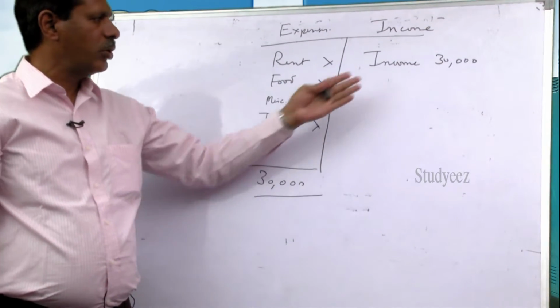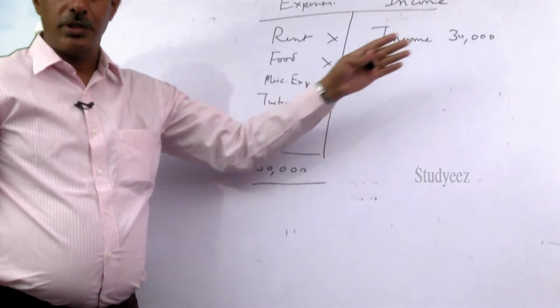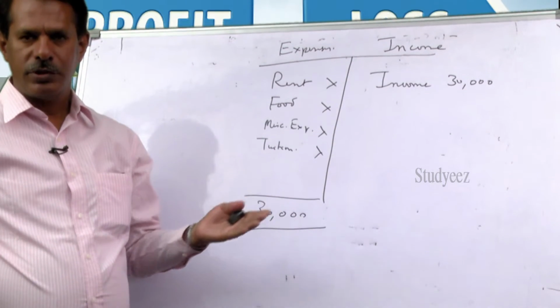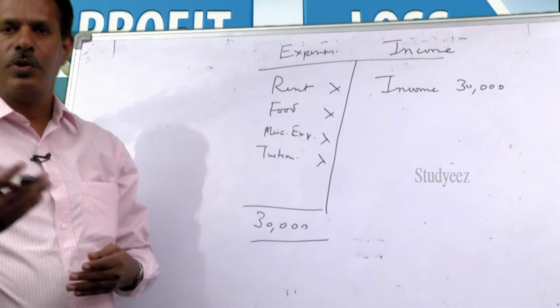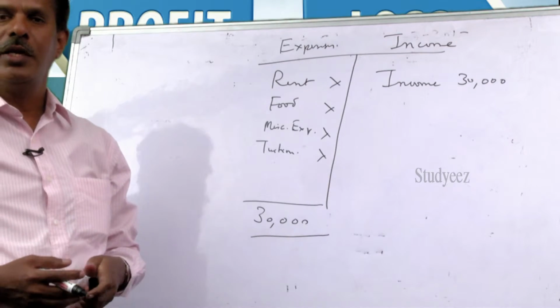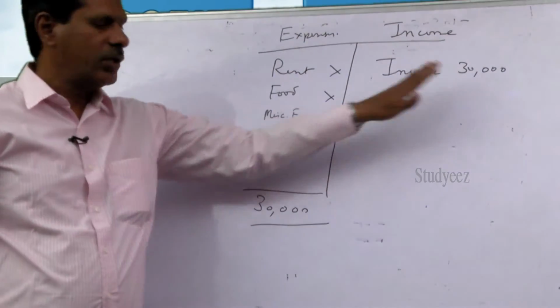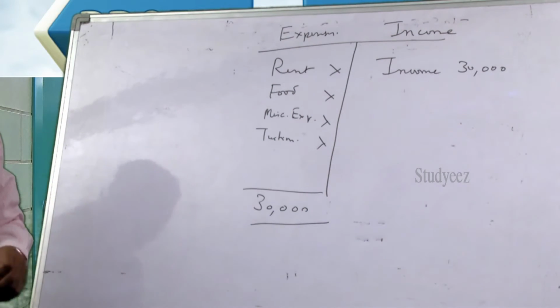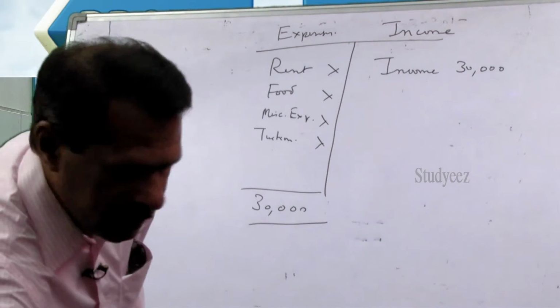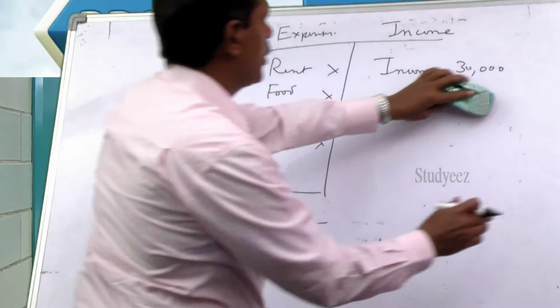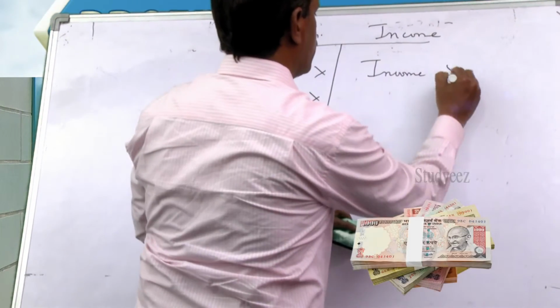It's also possible that your income is less than 25,000. Then if you are less than 25,000, maybe every month after month you have to keep on borrowing it, which you have to ultimately repay it in future. So for the time being, let us assume that your income is 30,000 and your expenses are 30,000, there are no savings. Suppose say you have an income of 50,000, okay, salary of 50,000.